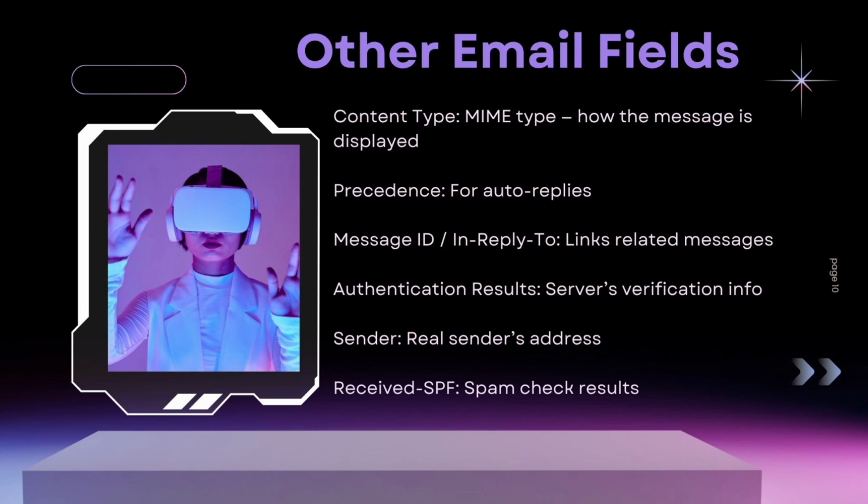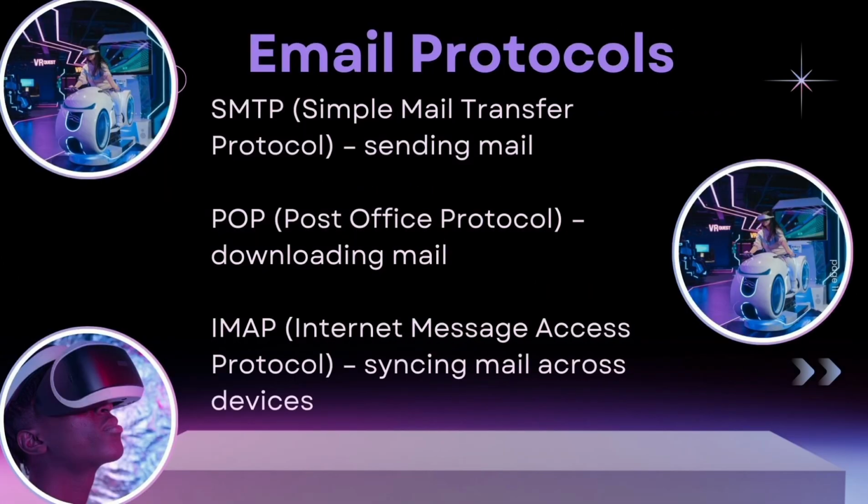Now let's talk about email protocols. Emails work using different protocols: SMTP, or the Simple Mail Transfer Protocol, is for sending emails, POP, the Post Office Protocol, is for downloading emails, and IMAP, the Internet Message Access Protocol, is for syncing emails across multiple devices. Here is how email works in a simple flow.